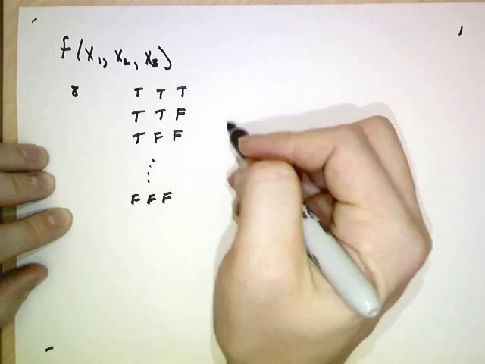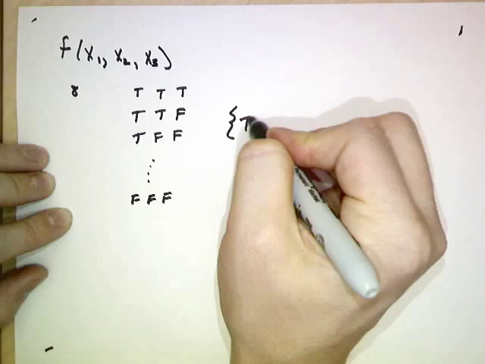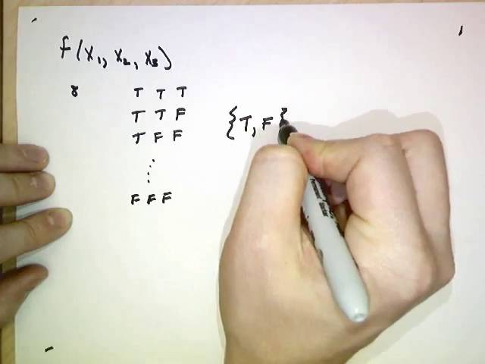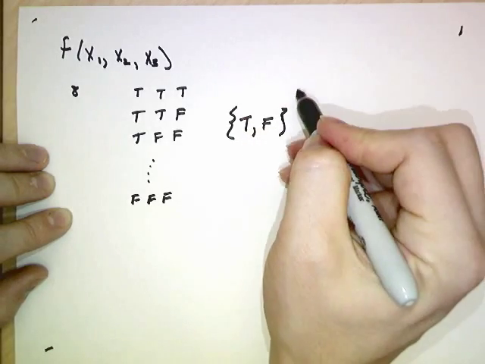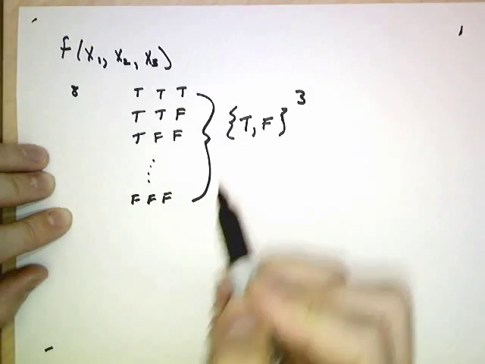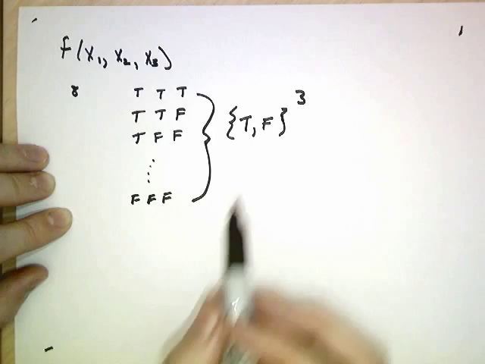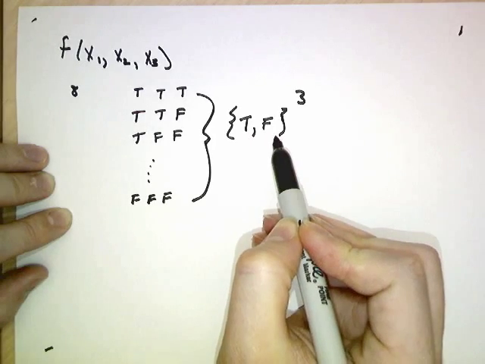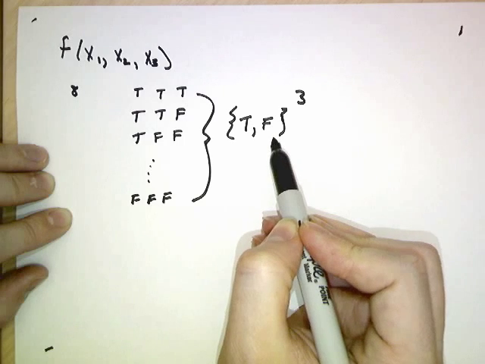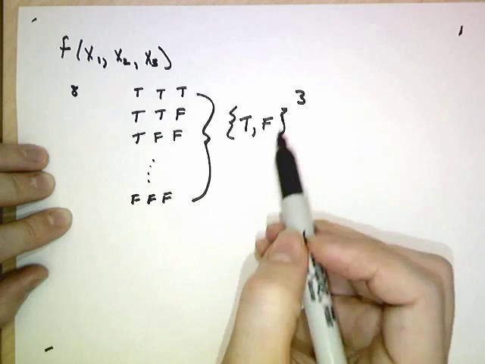And I'm going to write curly brace, true, comma, false, curly brace, raised to the power 3. This denotes the set of all possible assignments of length 3. Each value takes on true or false, and it's of length 3.